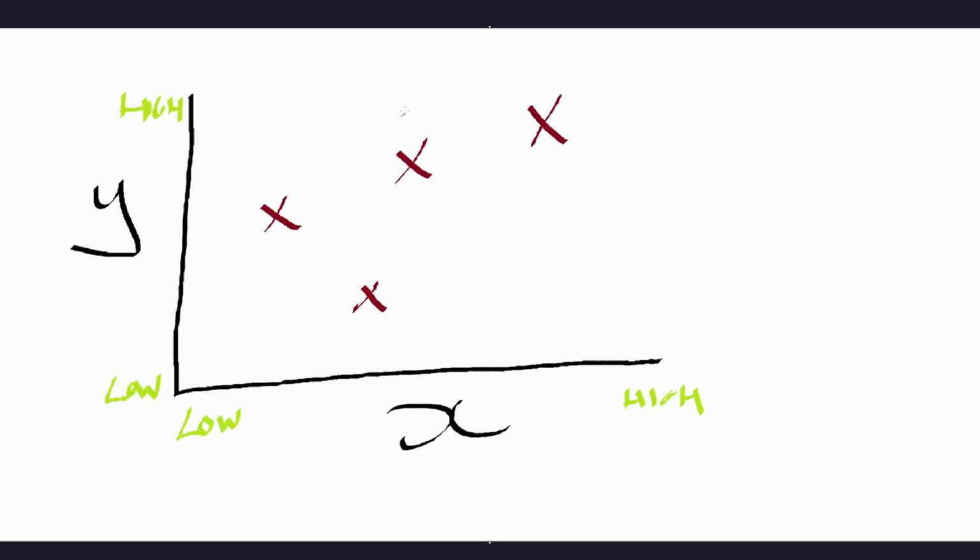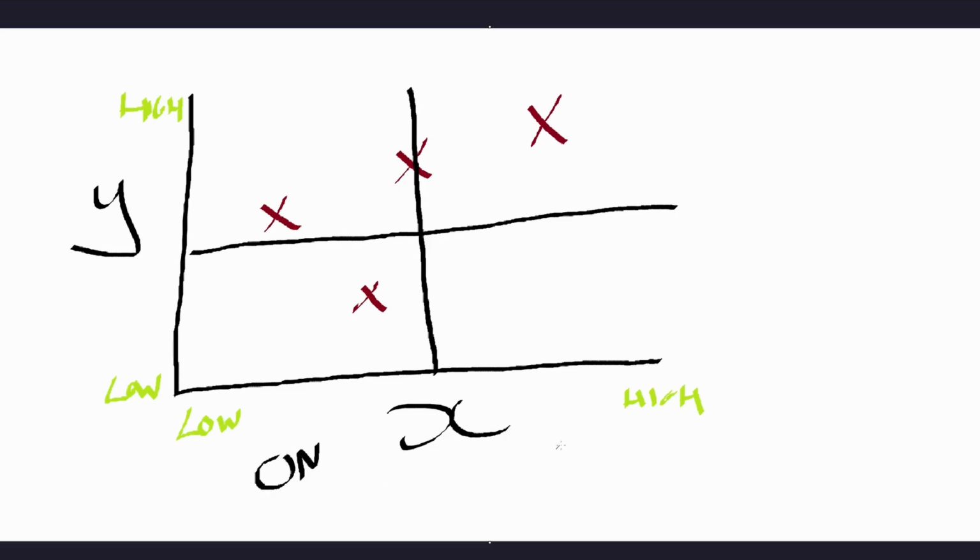In some cases, you might do this in a quadrant style, where you might have some sort of yes-no options, perhaps. You might say that x is either on or off, and y is either on or off. And then you might place things in those quadrants.